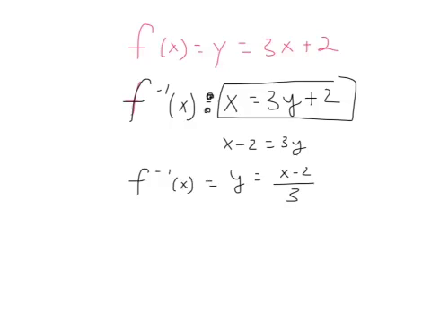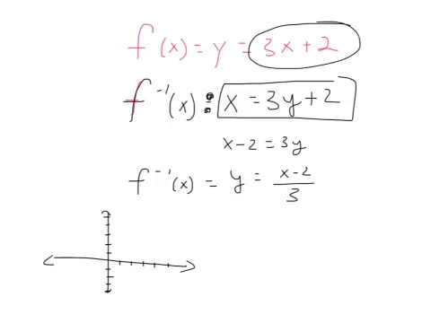Well, what does that look like graphically? So imagine, if we graph our first equation, it has a y-intercept of 2 and a slope of 3. So that would be like here and here. So we've got this line like that.